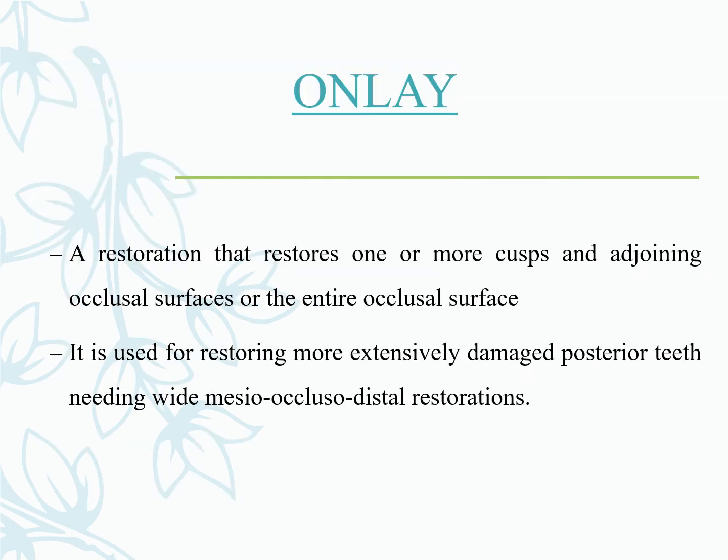And next, coming to onlay. Onlay is also similar to an inlay. It is also made up of noble metal, that is gold, or any metal or even ceramic. But the difference between an inlay and an onlay is that along with the cavity involving the occlusal and the proximal side, it might also include one or more cusps adjacent to the occlusal surface or maybe the entire occlusal surface.